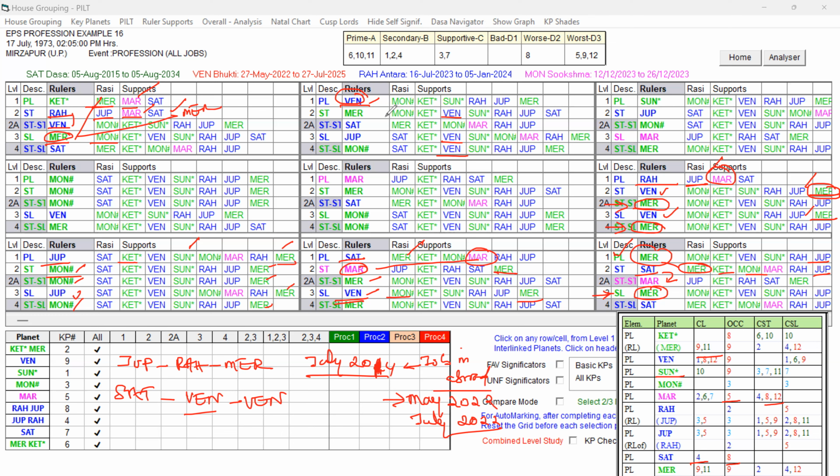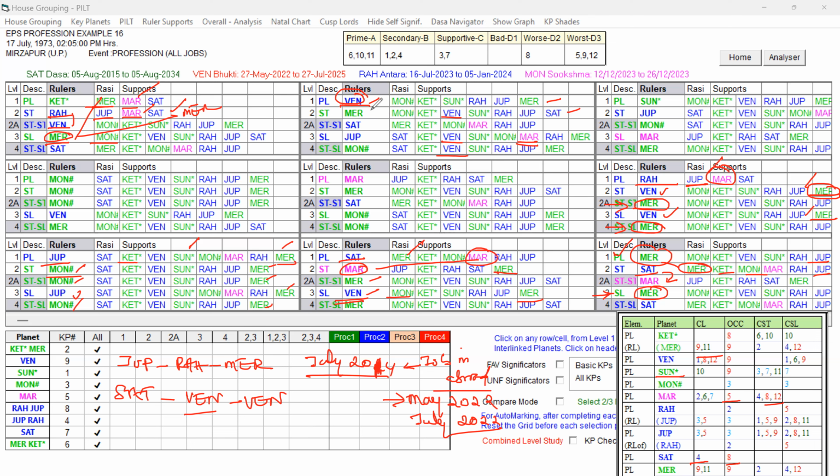That 8 and 12 is being given to the other levels. That is on the unfavorable side, right? But unfortunately, that unfavorable Mars is not directly ruling as one of the levels, and also not influencing the star level and planet level. The sub level, of course, has that, but not the primary levels. Planet and star level are not under the influence of Mars, and Mars is also not ruling.